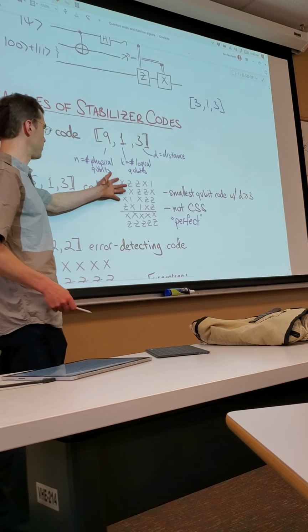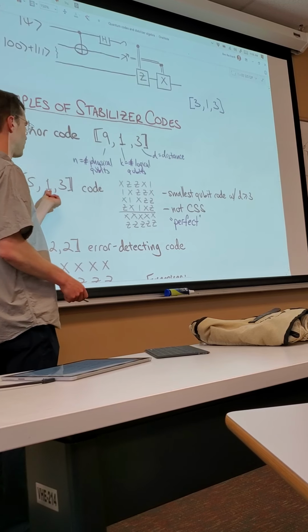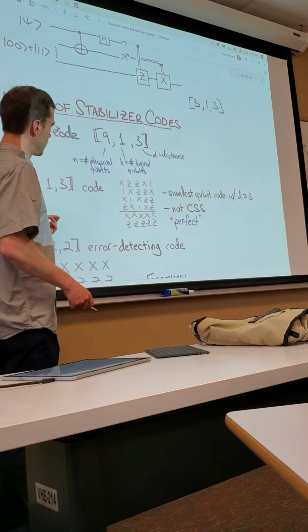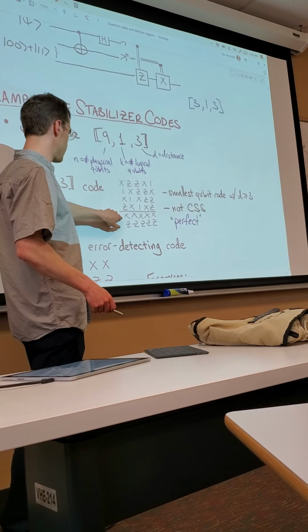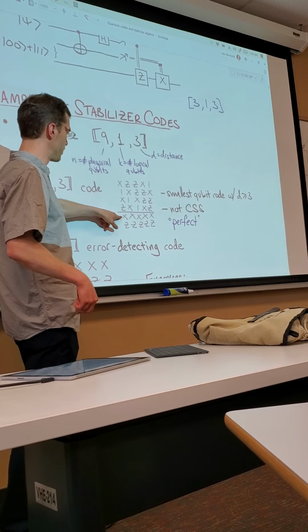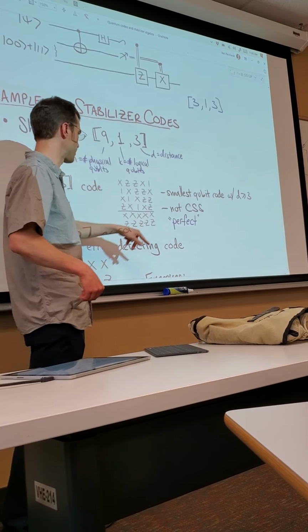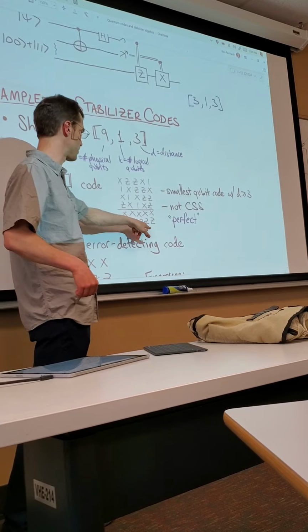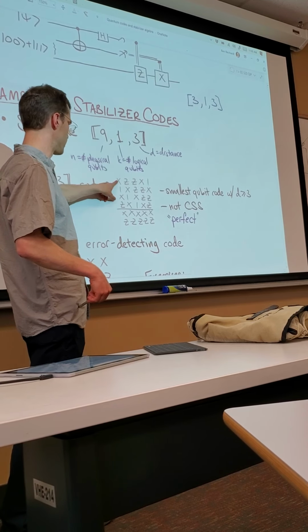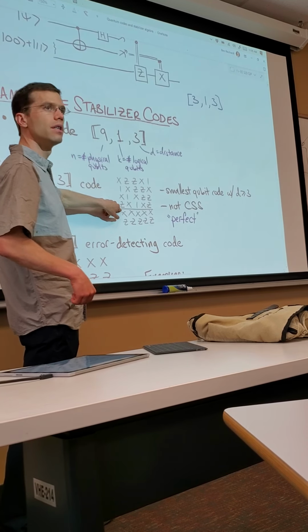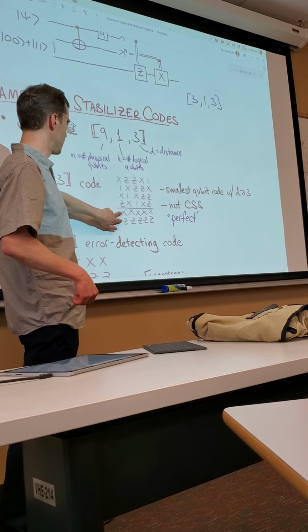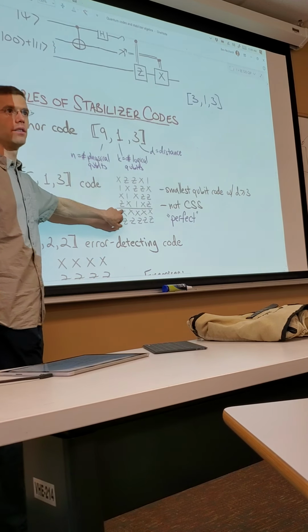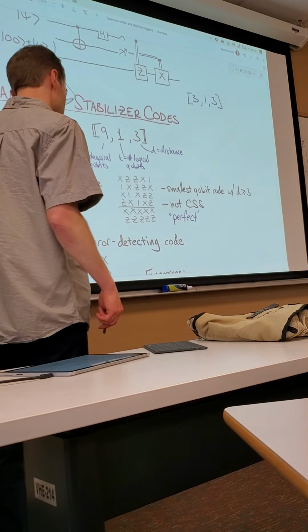So there are only 4 independent ones, so you do have one encoded qubit. And you can see what the encoded qubit is. Logical X, you could choose to be, for example, X tensor 5, and logical Z would be Z tensor 5. This commutes with all these, and these two anti-commute with each other. So they're valid logical X and logical Z.